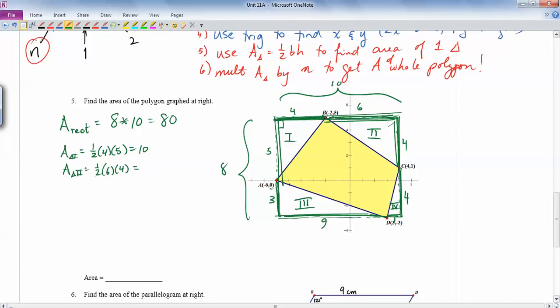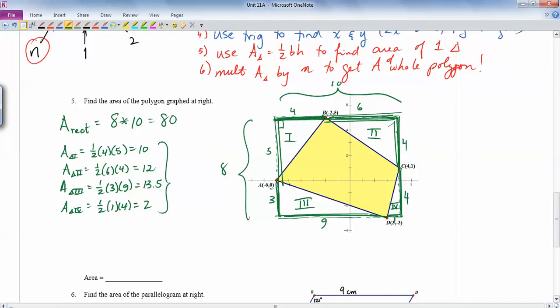So let's see, half of 6 is 3. 3 times 4 is 12. Area of triangle 3 is going to be 1/2 times 3 times 9. Let's see, that'll be half of 27, which is 13.5. And area of triangle 4 is going to be 1/2, let's see, 1 times 4. So that's just 2.